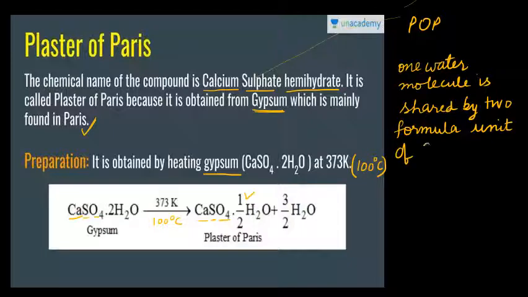So we can write this formula as (CaSO4)2·H2O.